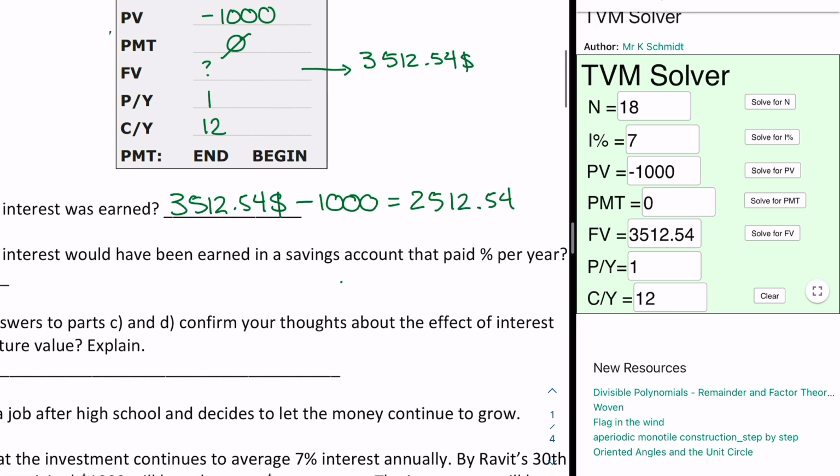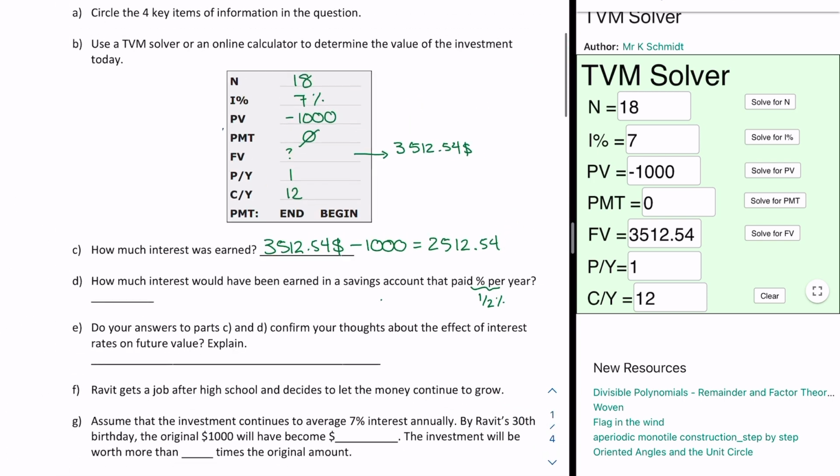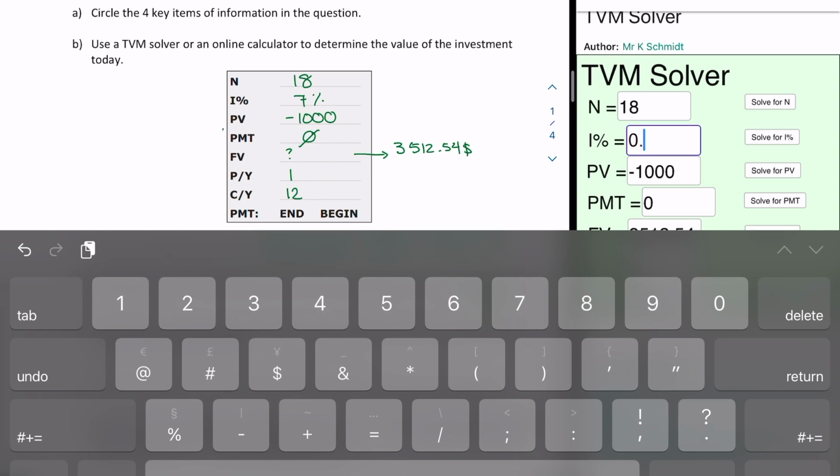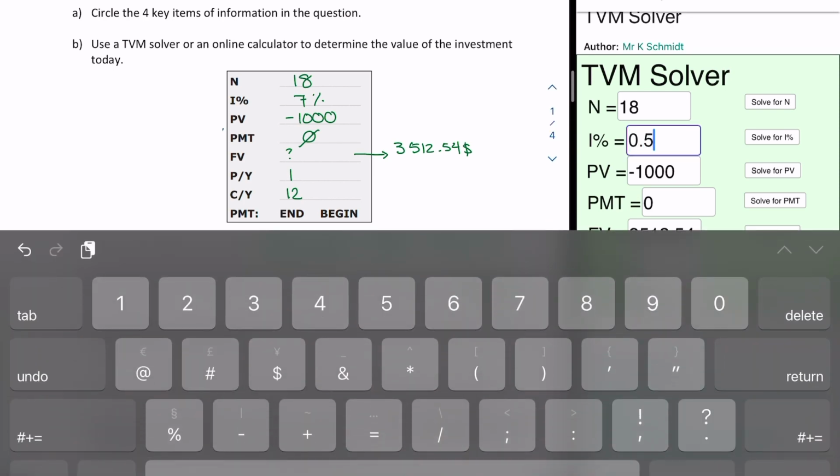And then, how much interest would have been earned in a savings account that paid, and here it doesn't say because it disappeared, but it's supposed to be 0.5% per year. So our 7% now becomes 0.5. Oops, wrong button, 0.5.